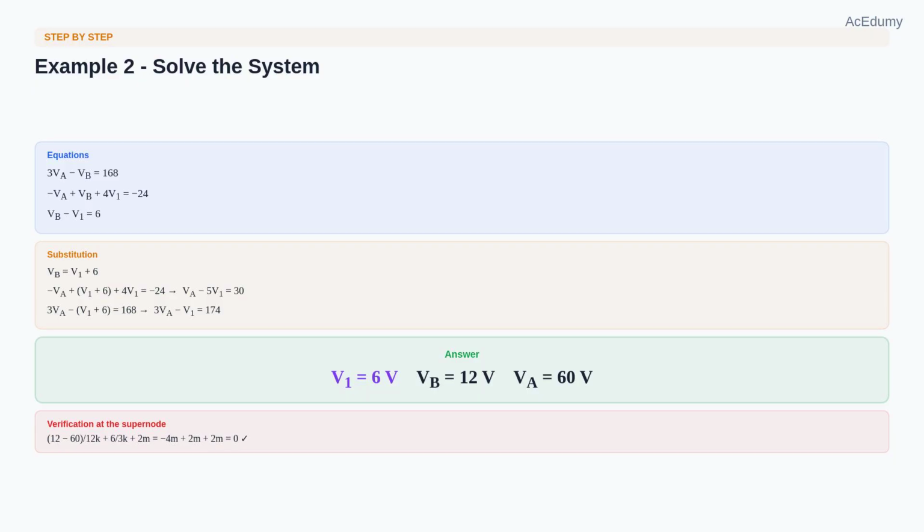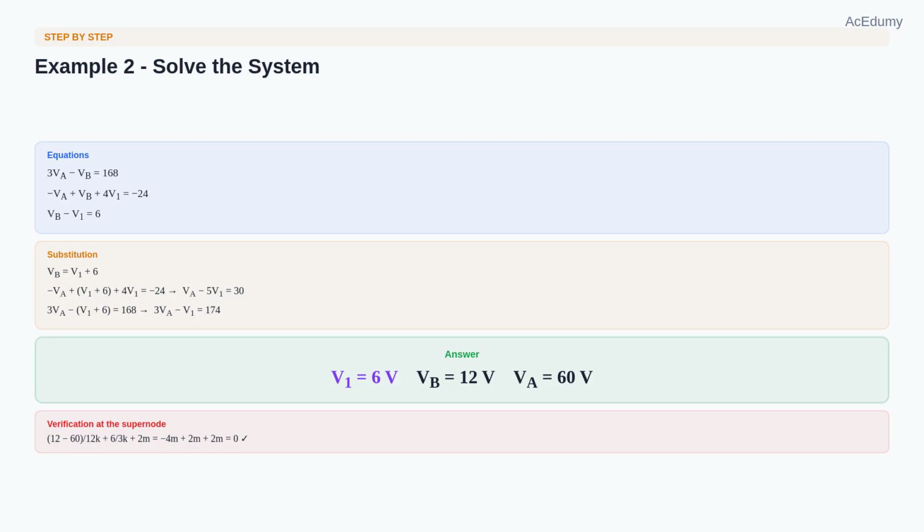Now solve the three equations. From the constraint, VB equals V1 plus 6. Substitute that into the supernode equation and it becomes VA minus 5V1 equals 30. Put the same substitution into the first equation and we get 3VA minus V1 equals 174. From the first reduced equation, VA equals 5V1 plus 30.